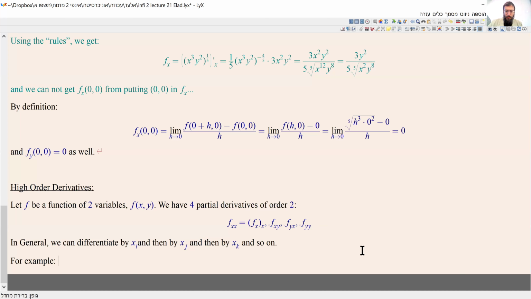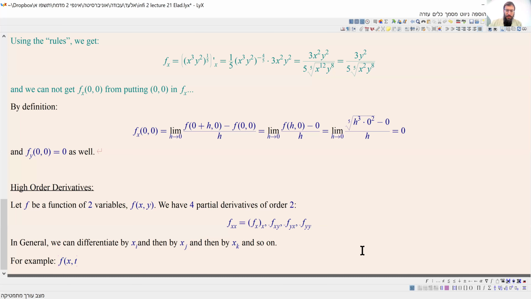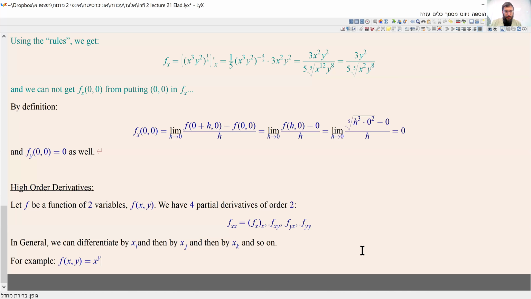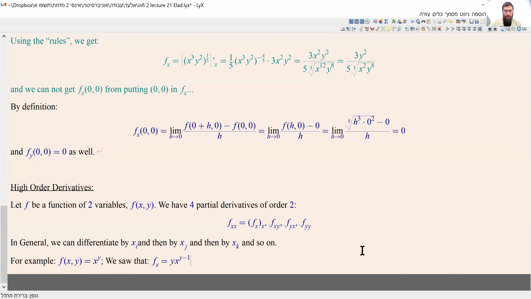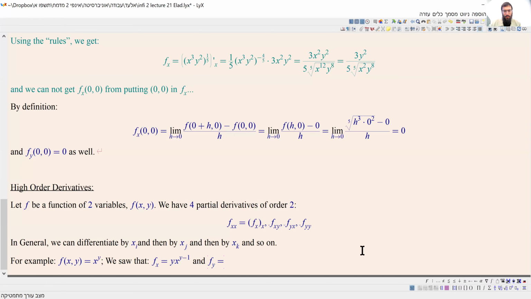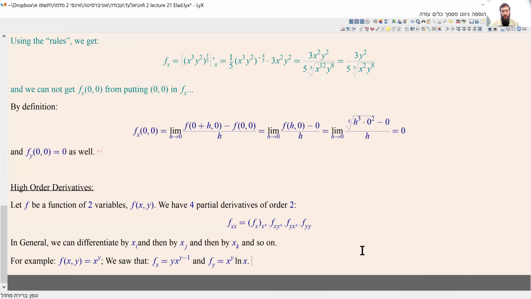And for example, let's look at the function f(x,y) = x^y from one of the examples earlier. We have already seen that fx is y x^(y-1), and fy is x^y multiplied by ln x.